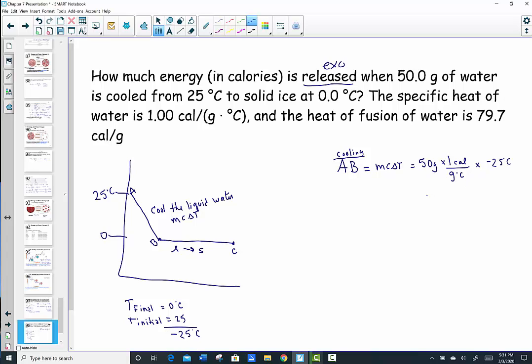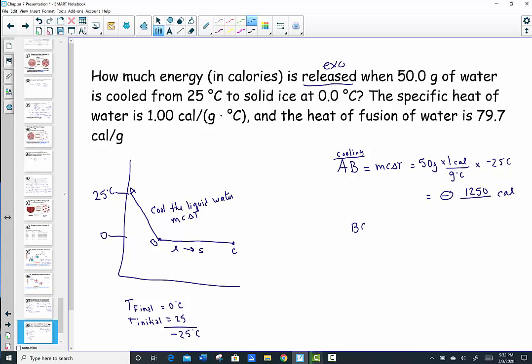And that's just going to remind us that heat is being released, so it's going to come out as negative heat, releasing, exothermic. 50 times negative 25, and that's 1250 calories of heat being released.